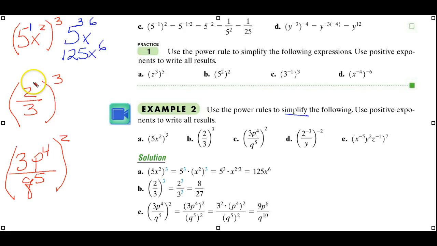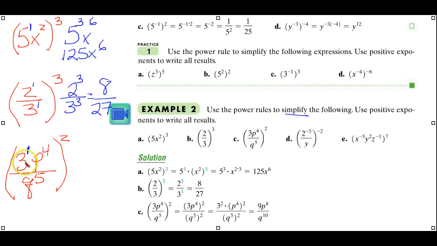Now again, there's a 1 there in a sense. So this will be 2 to the 3rd. 3 to the 3rd. This is going to be 8. And 3 to the 3rd is 27. Now remember, there's a 1 there.